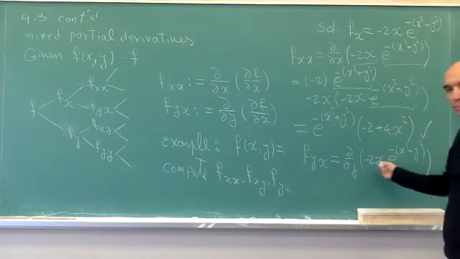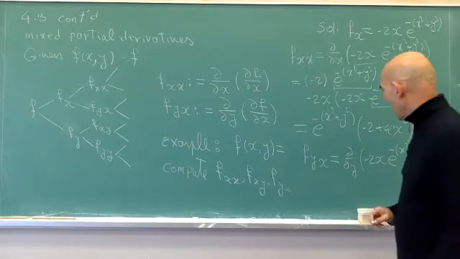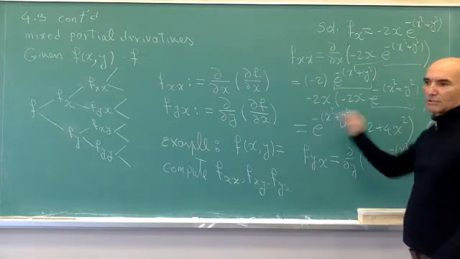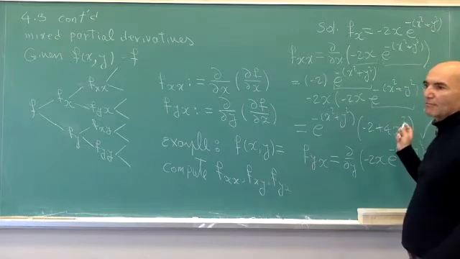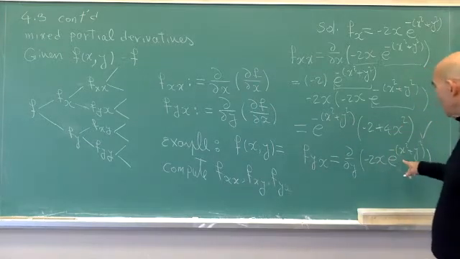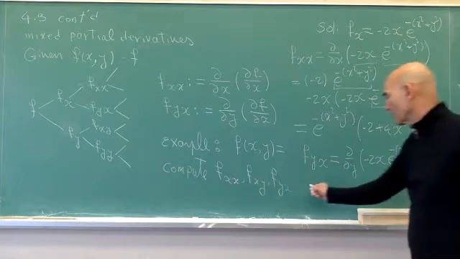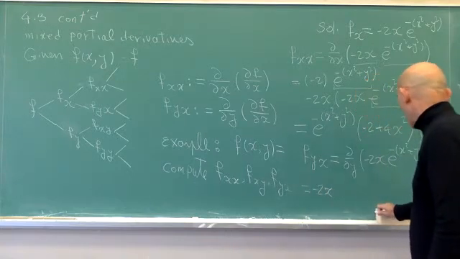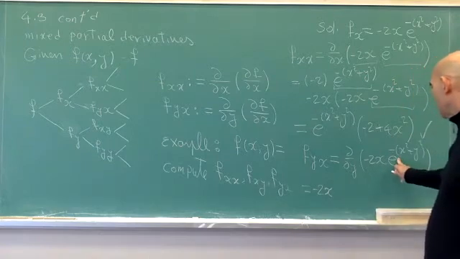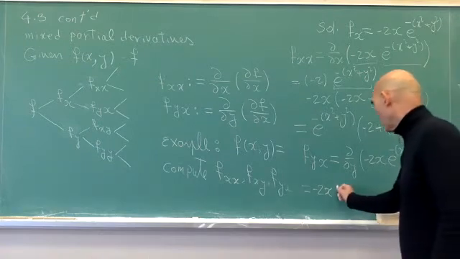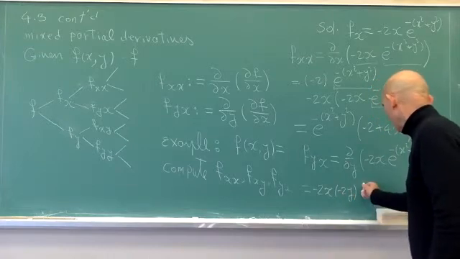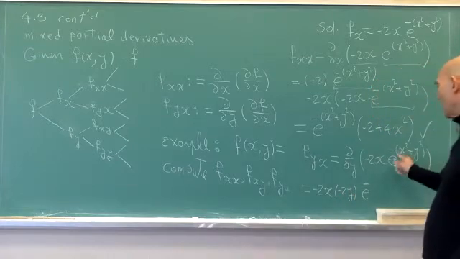Now, to compute this derivative, this is actually simpler because x is a constant now, so you can just forget it and we don't even have to use the product rule. We can just take the derivative of this with respect to y. So this is equal to negative 2x, in other words, and then the derivative of this factor with respect to y is negative 2y, exponential of negative x² plus y².